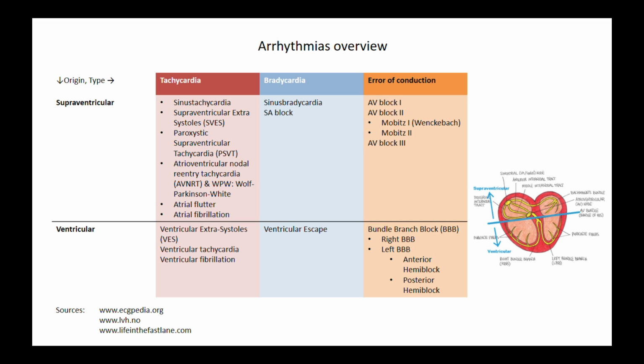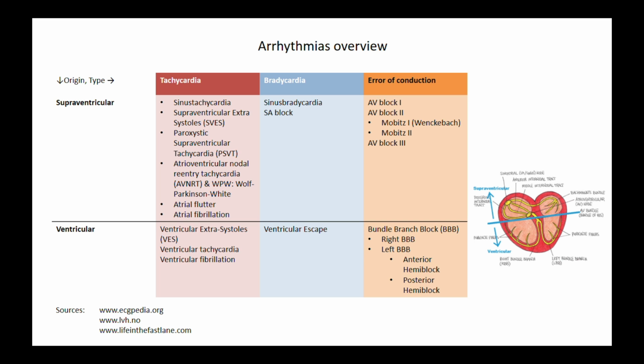Alright, so this is a kind of broad overview of all the different arrhythmias we're going to be discussing in this video. You can quite systematically divide them into supraventricular ones and ventricular ones. And I've listed a few sources here where I've taken all this information from. ECGpedia, great site.